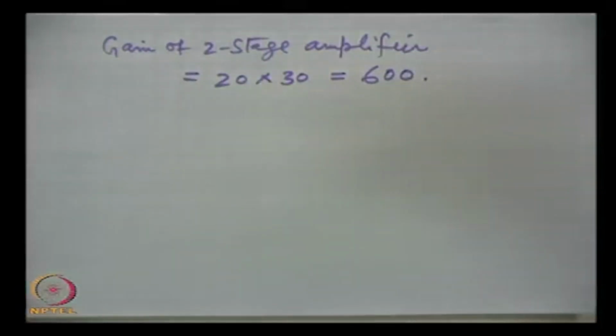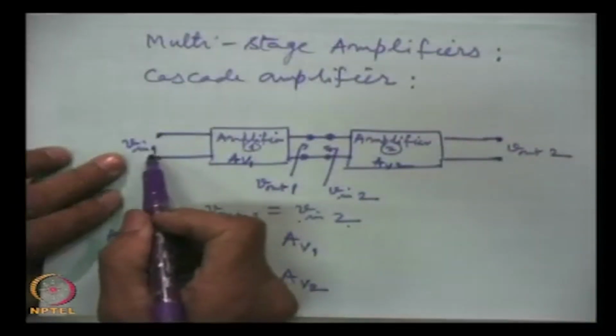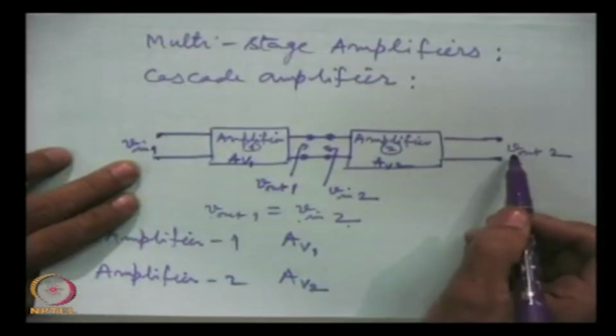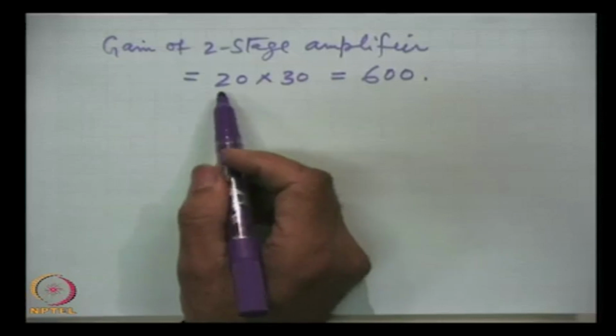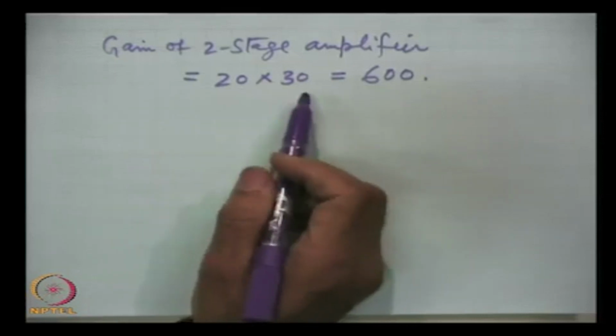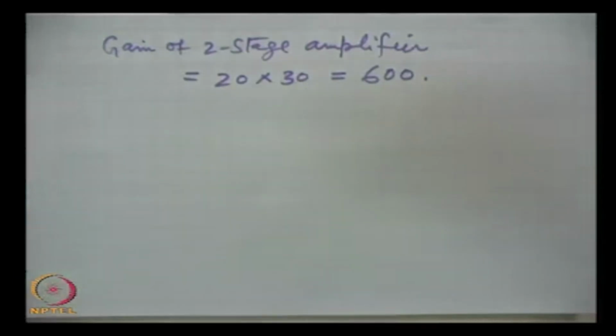If we feed here 1 millivolt, this will appear at the output as 600 millivolts if the gains of individual stages are 20 and 30. So, it is a big gain.